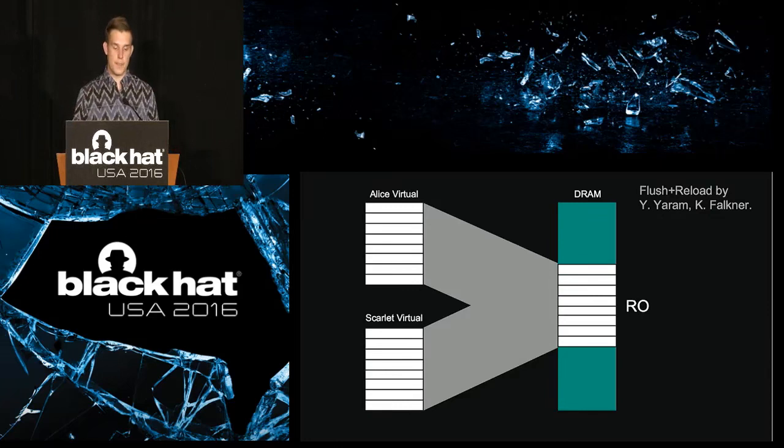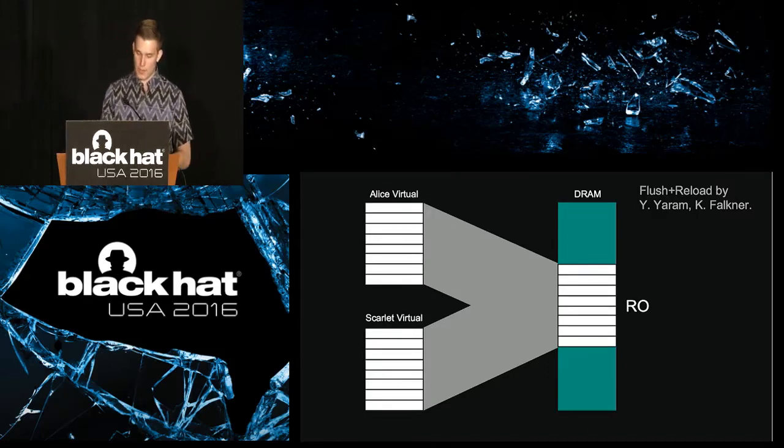So what it does instead is use the page tables to map Scarlet's virtual memory into the exact same physical memory. This should be okay because the memory is read-only, right? There should be no way that Scarlet and Alice can influence each other through this shared memory.